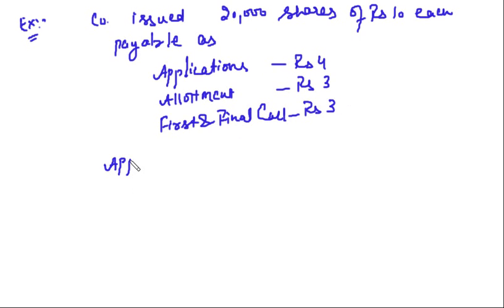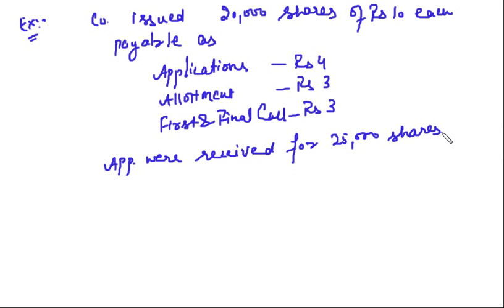Then applications were received for 25,000 shares. Now, how to deal with this problem?